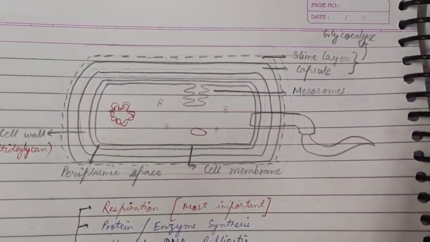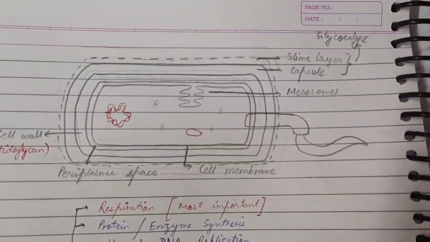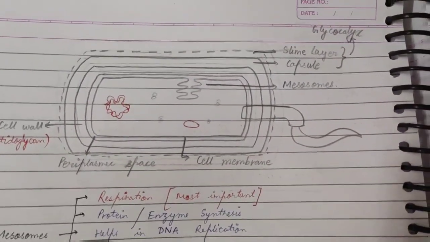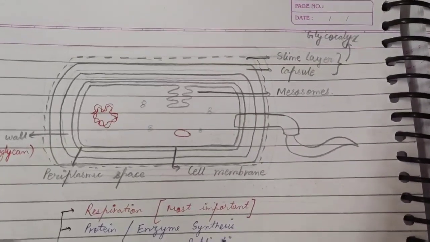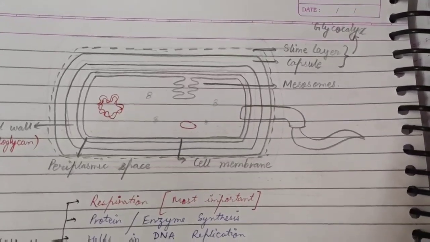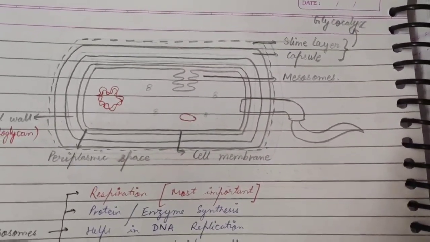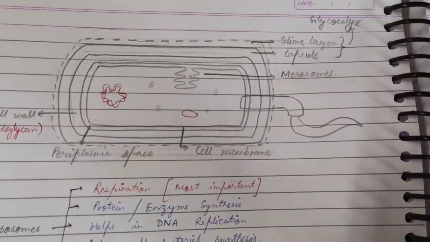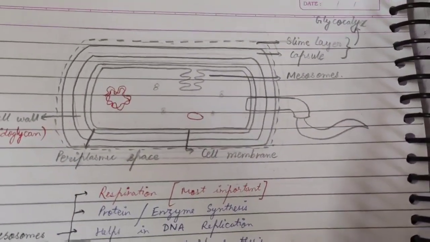If the bacteria has a capsule layer, then WBCs cannot attack and engulf it, and it also helps in colony formation. If it is protected from the WBCs, then it replicates itself and forms a colony. The slime layer present in the bacterial cell prevents it from drying out.